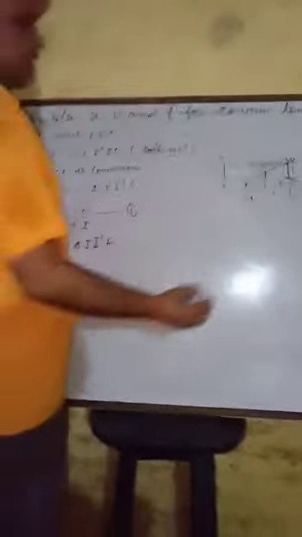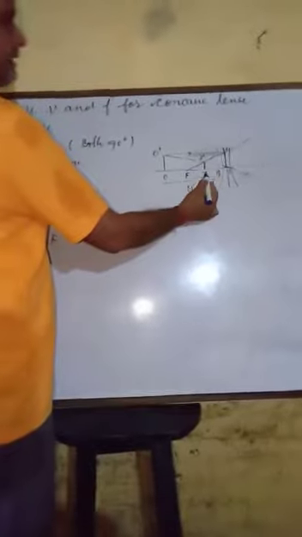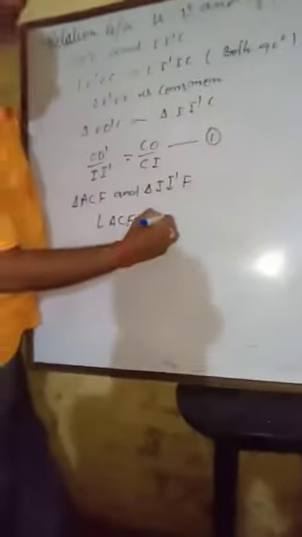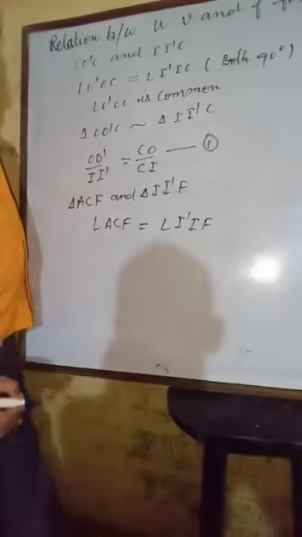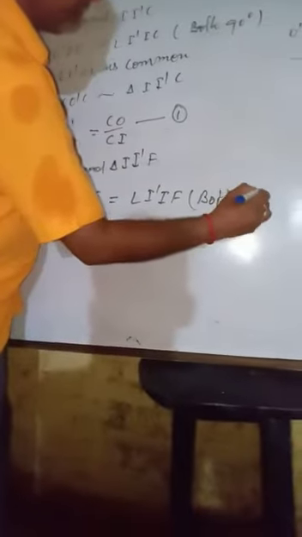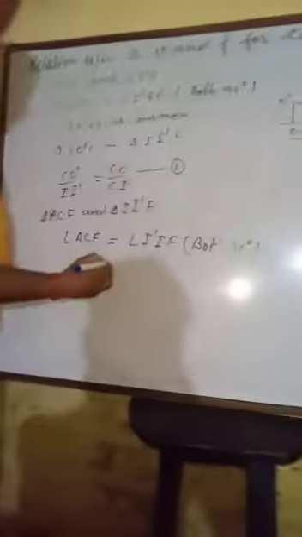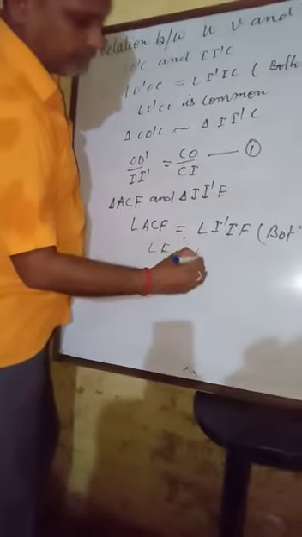You can also see here that angle ACF and angle I dash IF are both 90 degrees, so angle ACF is equal to angle I dash IF. And angle F is common.